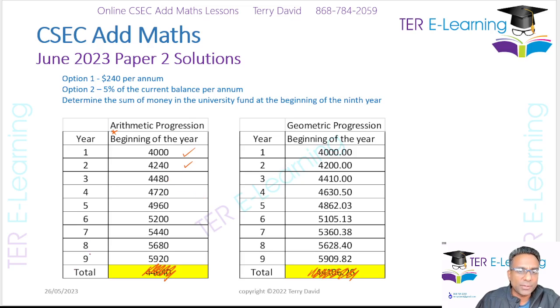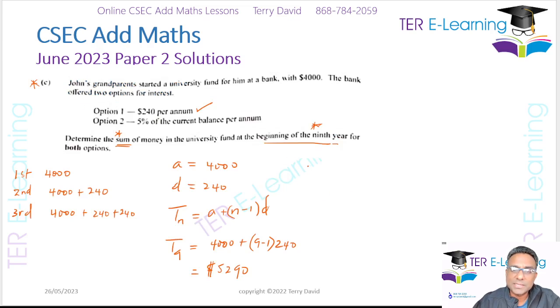So the question wants the beginning of the ninth year. So if we look at the series as it is, this here is your first term, and you actually have to work out your ninth term. I know some students were trying to figure out if it was really 8 or if it was really 9. Okay, so that's the first option.